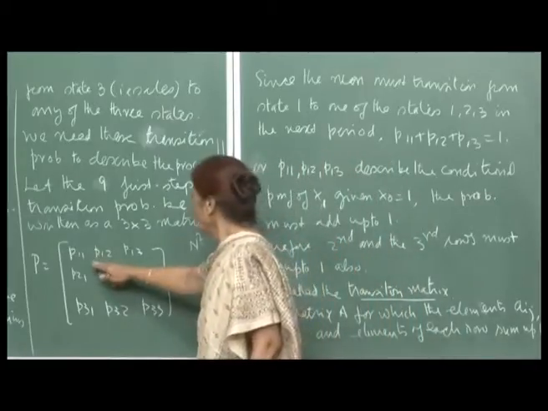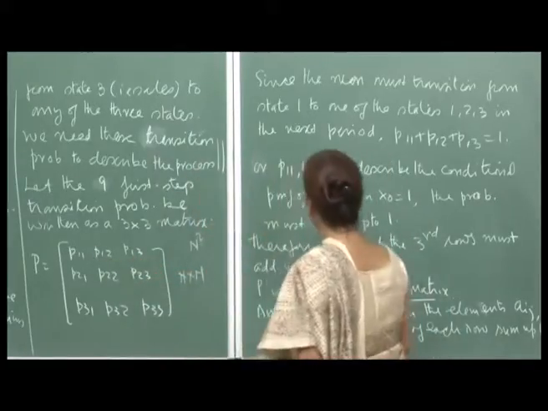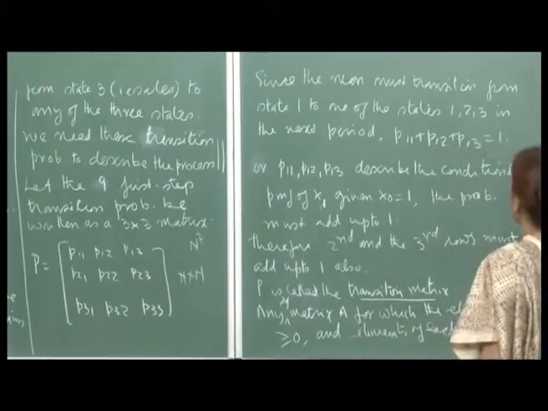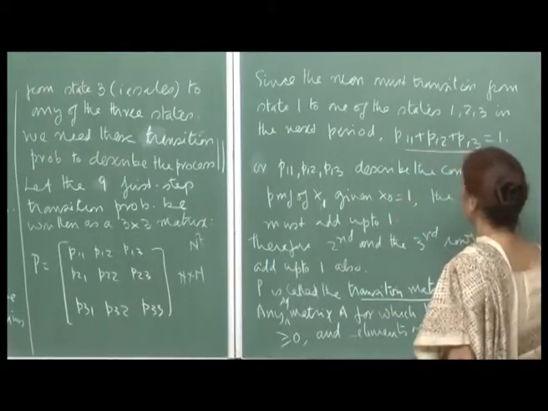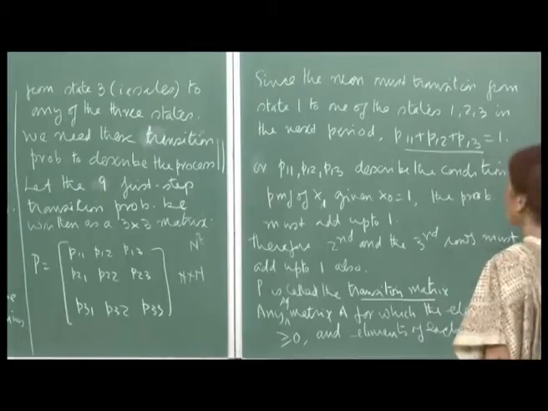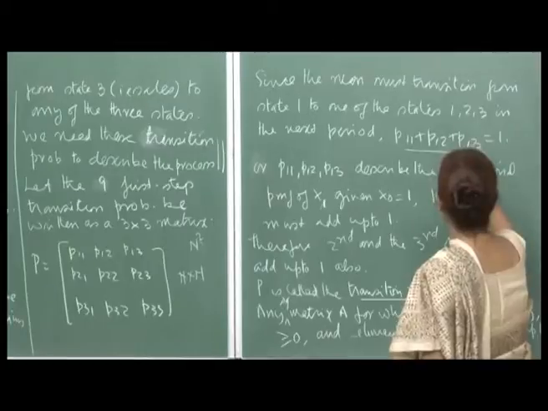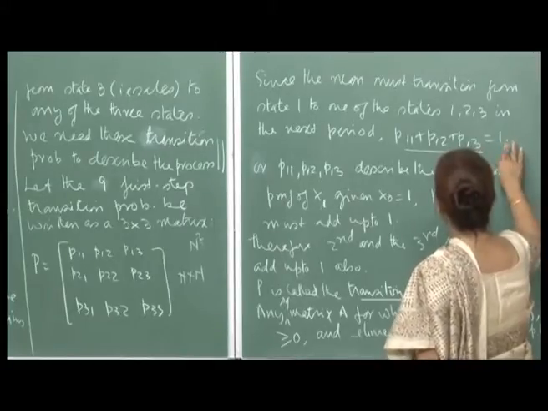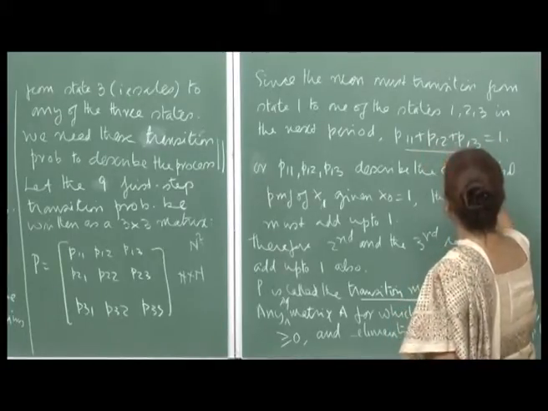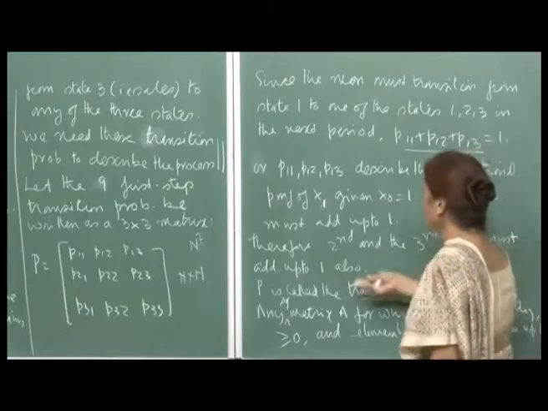So, therefore, these 3 probabilities will add up to 1. Another way of saying this, that these probabilities must add up to 1, is that P11, P12 and P13 describe the conditional PMF.